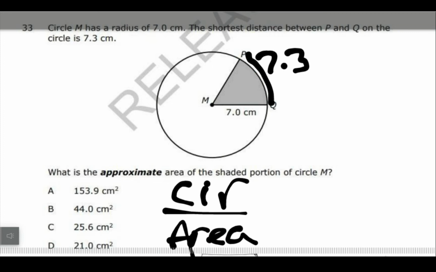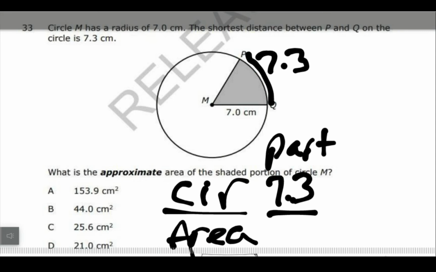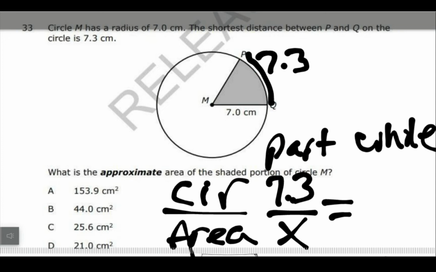They gave us the circumference of the part of the circle, which is 7.3, and for the part, we want to figure out the area. Then we can figure out the circumference of the whole circle and the area of the whole circle, and put that on the other side, because we're going to compare the part to the whole.